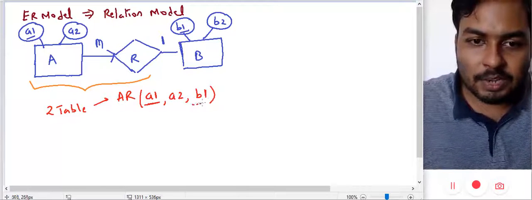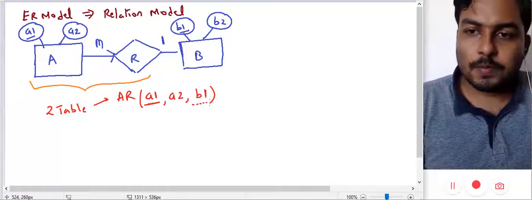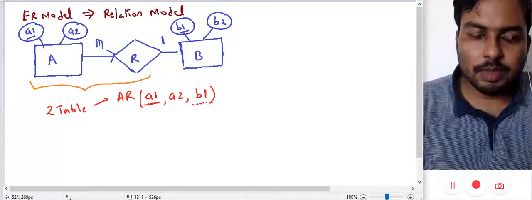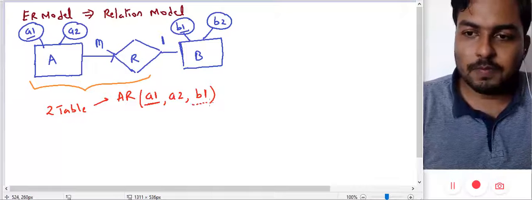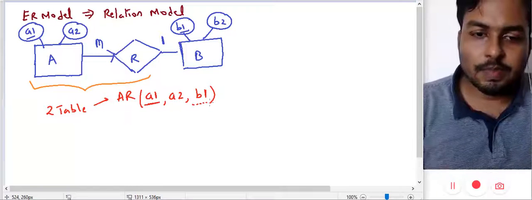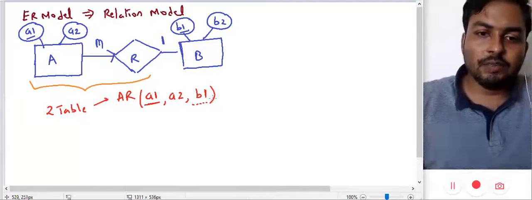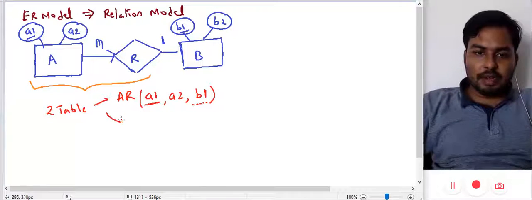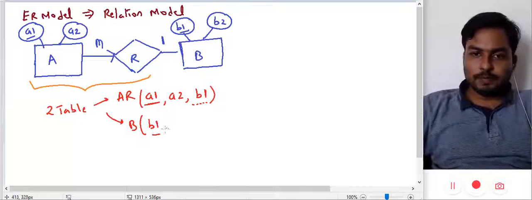B1 is not a partial attribute; you can think of it as a foreign key. We'll come back to what a foreign key is later, but for now understand this is a foreign key. Now there will be another table, B, which will have two columns, B1 and B2.